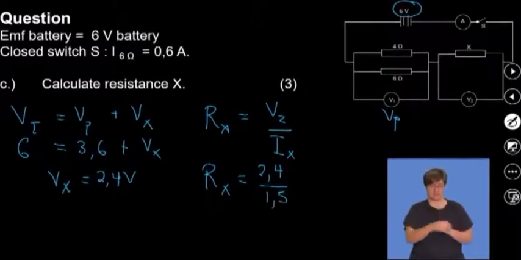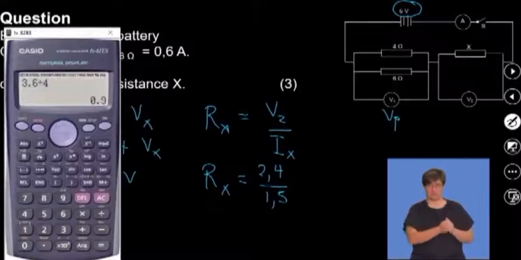Then we can take that to our calculator. It's a 3-mark question: formula, substitution and answer. So it's 2.4 divided by 1.5.